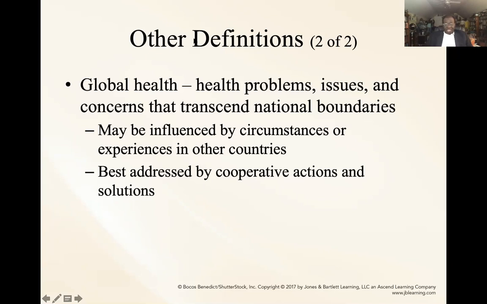Now the biggest challenge of global health is, how is this vaccination going to be used? Is it going to be used only for developed countries, countries with the resources, or is it going to be used for developed countries and also underdeveloped or underserved countries?